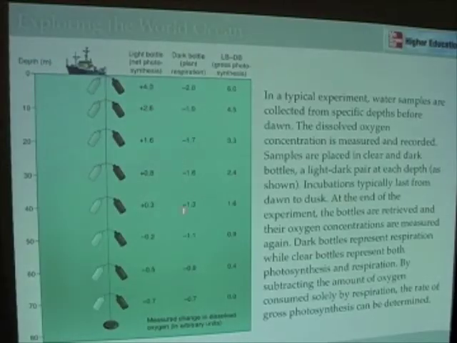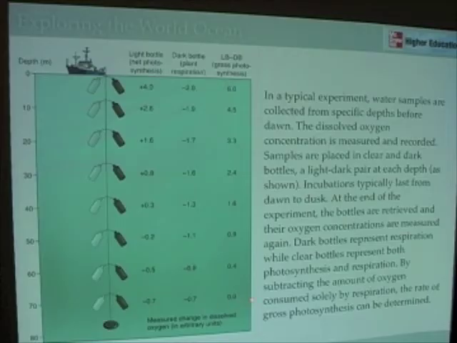So as it gets colder, everything kind of slows down and rates of respiration get lower. Okay? So if we use the light bottle measurements and the dark bottle measurements to estimate gross primary production, here's what we get: 6, 4.5, 3.3, 2.4, 1.6, 0.9, 0.4, and 0.